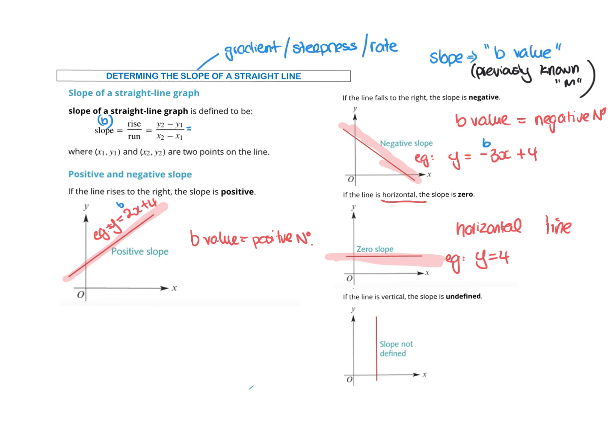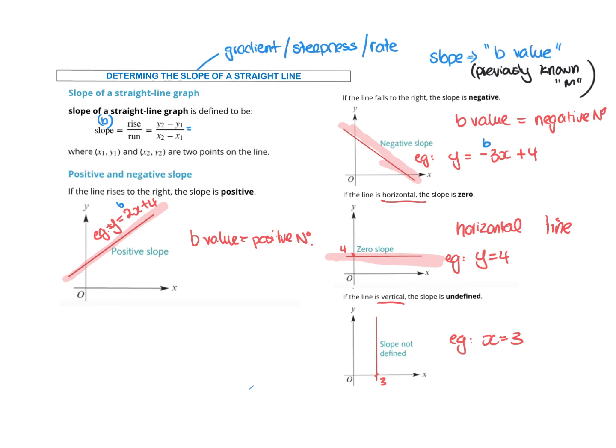It's just a flat line. If you have a vertical line, the slope is not defined. The equation might look like x equals 3, so that would be 3 on the x-axis. And up here, in my little example, that would be 4. All right, so just so we're aware.